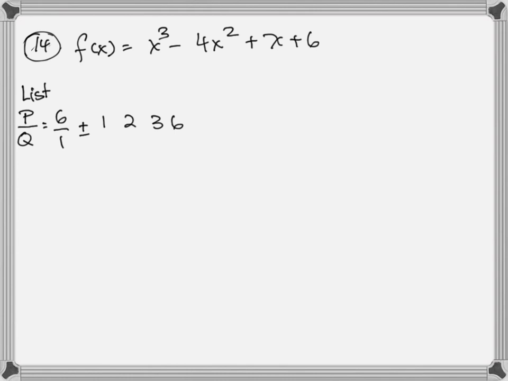Okay, and we're going to start again with 1. We're going to do synthetic division. We'll start with x equals 1. My coefficients are 1, negative 4, 1, and 6. And we're going to divide by 1. So bring down the 1. 1 times 1 is 1.